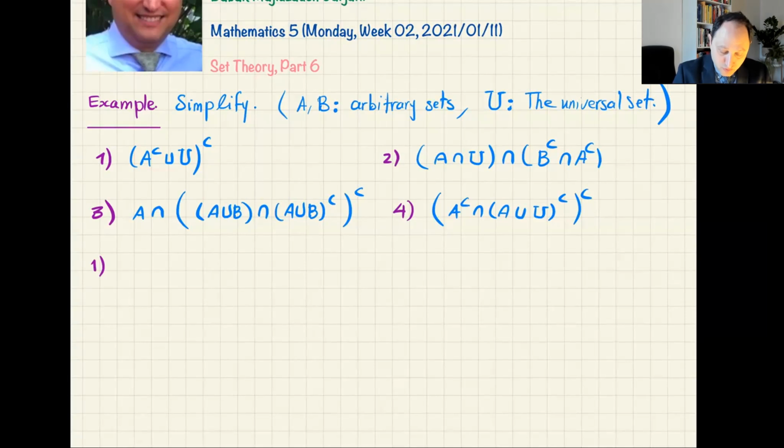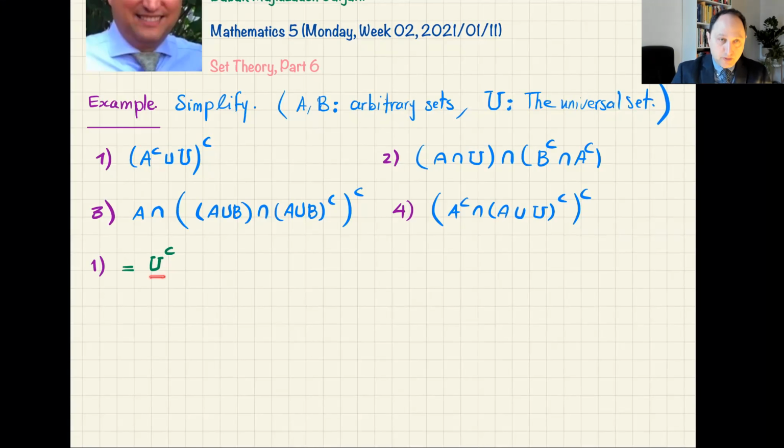So I would write it in two steps. This is equal to the universal set. What I wrote here is the content of this pair of brackets, and then I have a complement on top of that, so it becomes U complement. But hopefully you'll remember this property that the complement of the universal set is the empty set. So the answer to this part is simply the empty set.